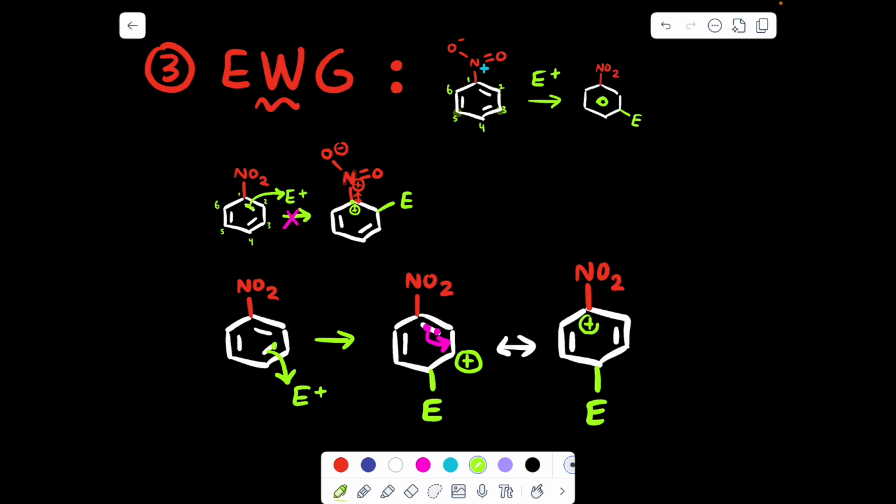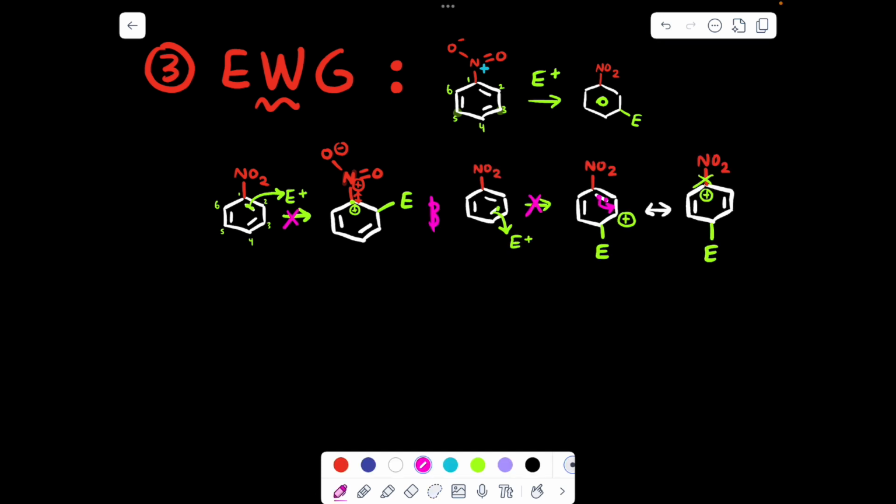Carbon number 1 is cationic again after you draw your first resonance structure. So this is, once again, not stable. Therefore, E pluses do not add to the para or the ortho position when an electron withdrawing group is on the benzene ring. By consequence, what carbons are reactive? So these are both bad.